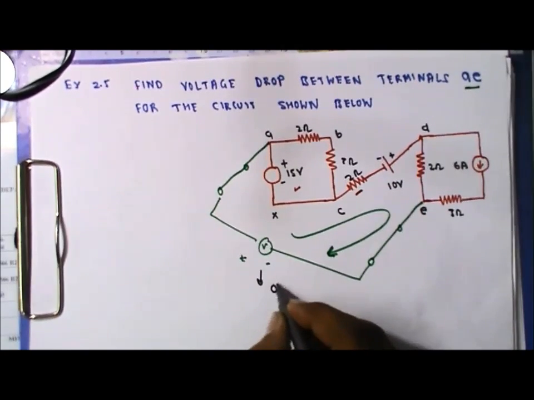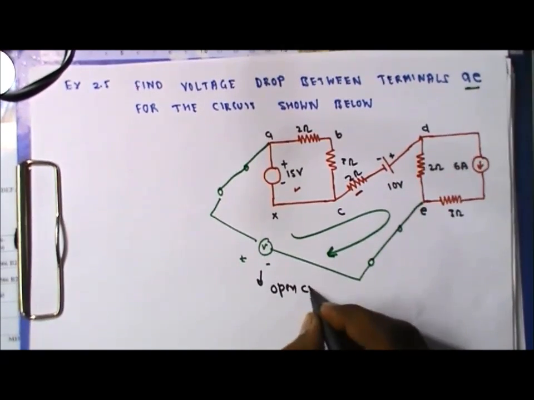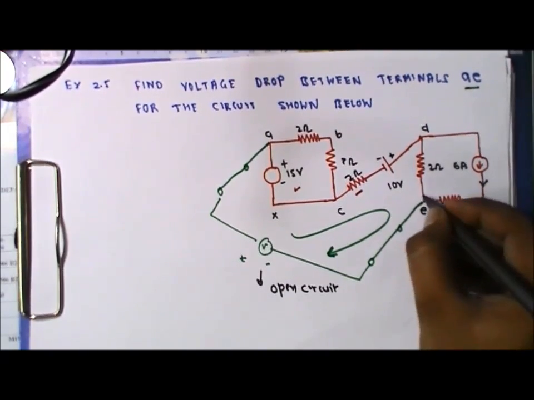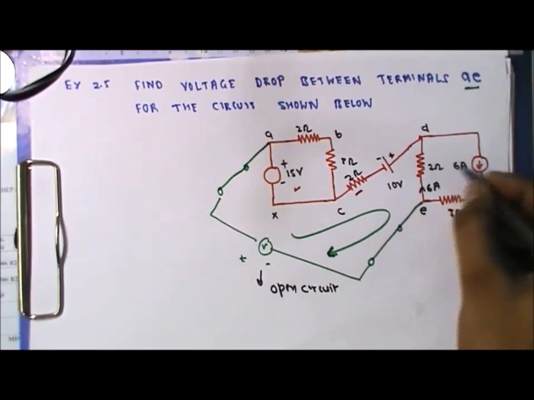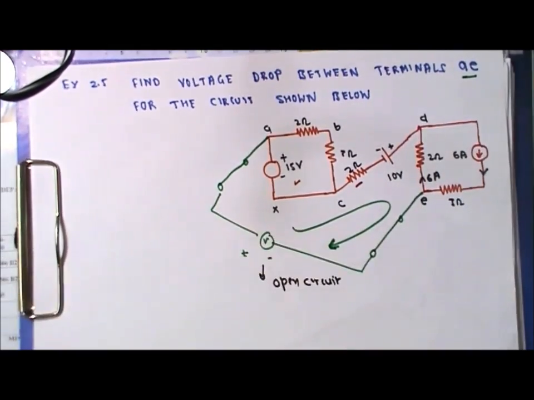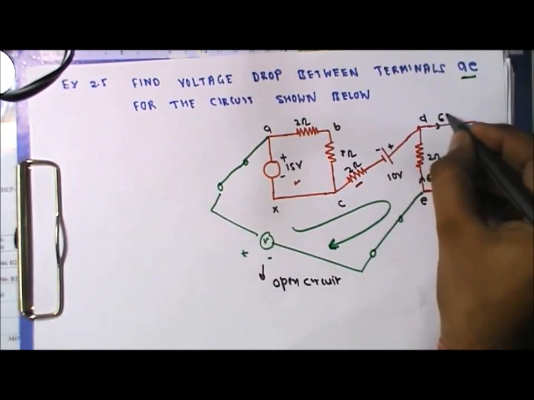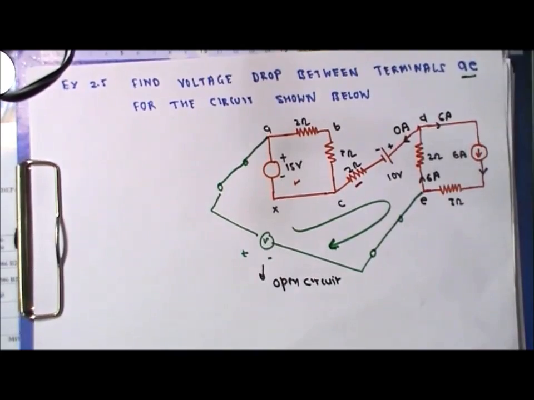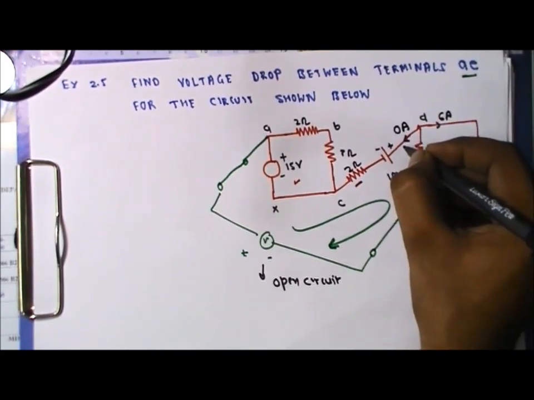This is open circuit because it is a voltmeter. The 6 ampere is flowing like this. This is also 6 ampere because it is like this fashion. It is open circuited part. If this is a 6 ampere, then it's having a 0 ampere. It's flowing in this fashion. This is a 0 ampere is flowing.